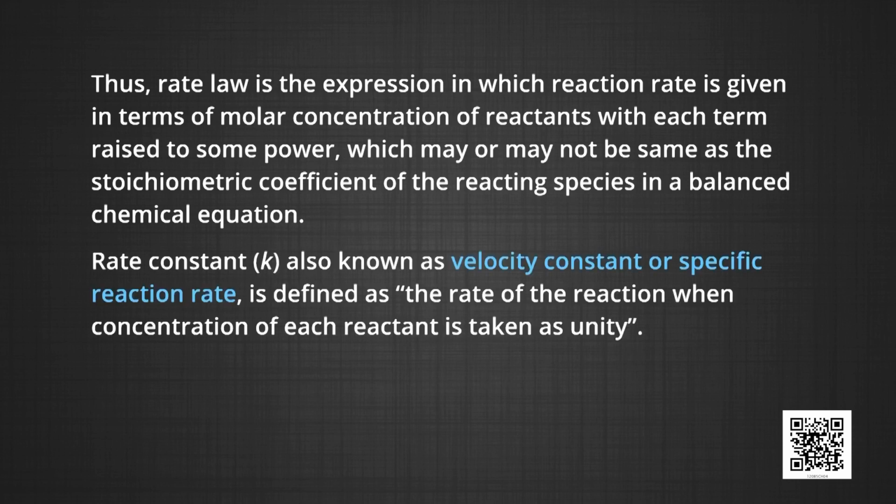The rate constant k, also known as velocity constant or specific reaction rate, is defined as the rate of the reaction when the concentration of each reactant is taken as unity. As the molar concentration of A equals the molar concentration of B equals 1 mole per liter, the rate will be equal to k.